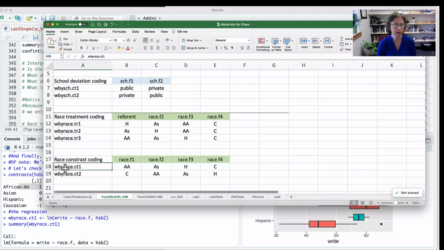So I wrote it down in my sheet that when I did right by race, contrast 1, African American was at the first point, F1. That's what I mean by keeping track of it, so that when you look back later, you know for this regression who was where.